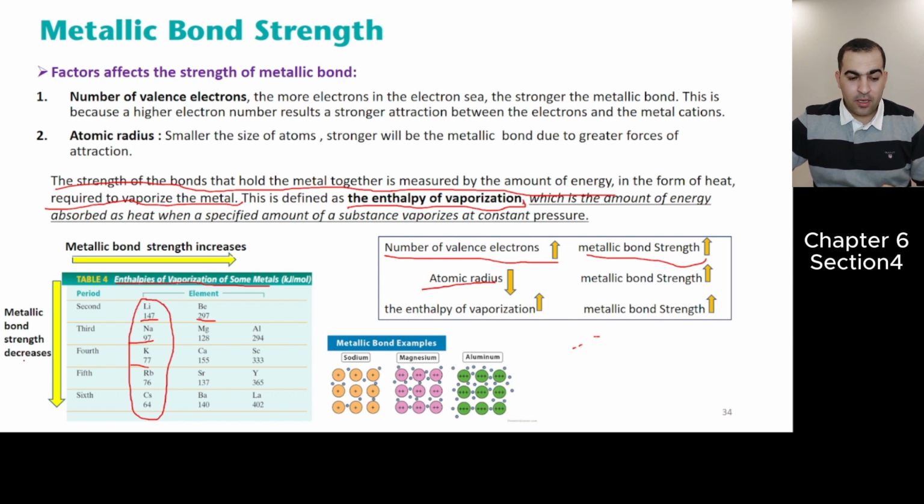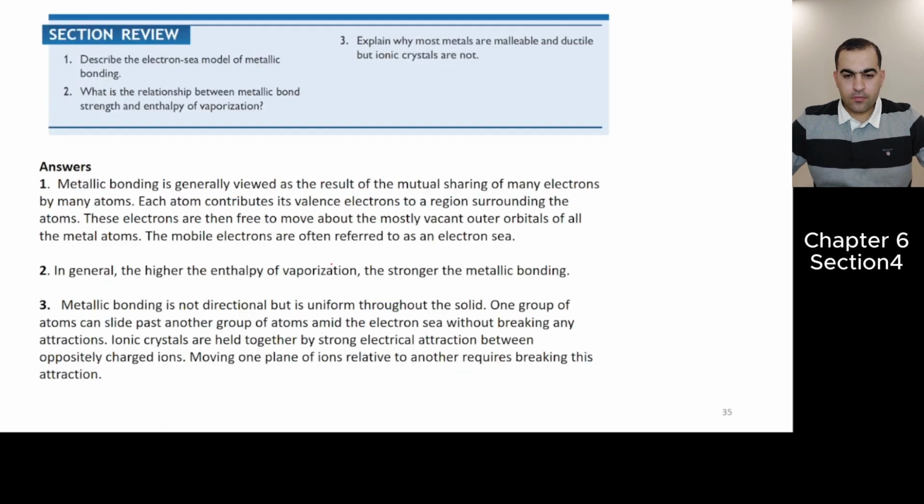So why does metallic bond strength decrease? Because size increases. Okay, that's it. This is how we measure the strength of metallic bonding.